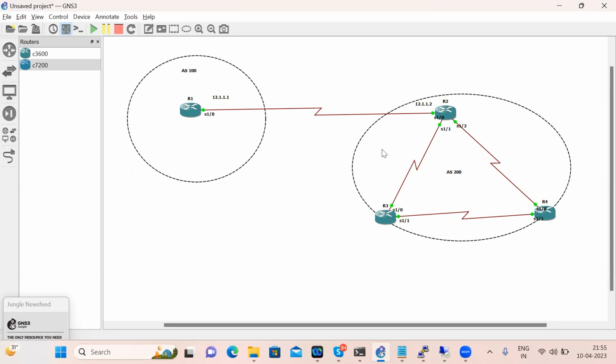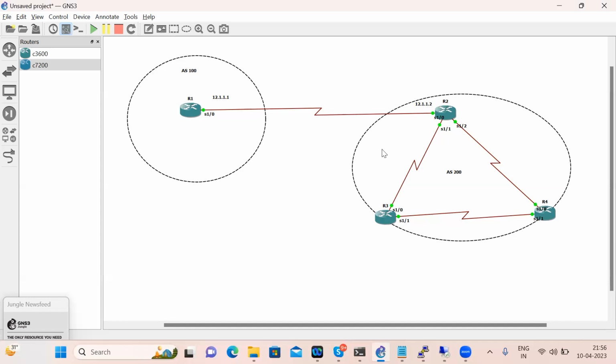Okay, so the first rule I am saying, eBGP to eBGP. Okay, so eBGP to eBGP says, whenever I advertise my network to my eBGP neighbor, the next hop will be my self IP address.